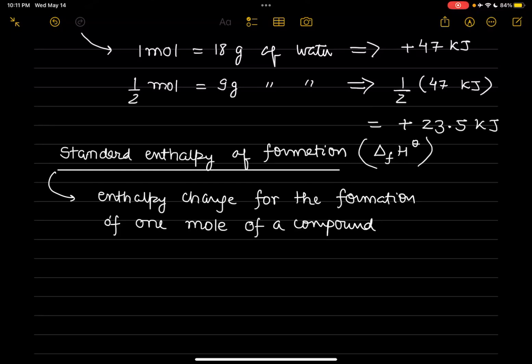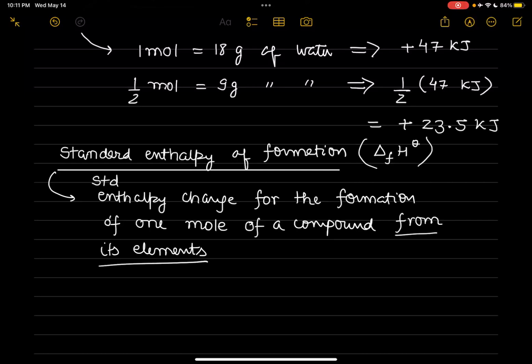Standard enthalpy change for the formation of 1 mole of a compound from, now this is very important, its elements. We can form a compound in many different ways.